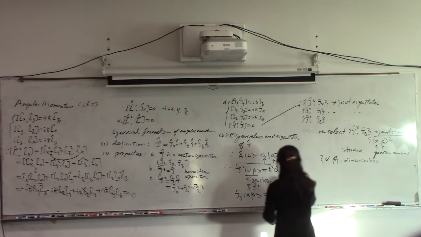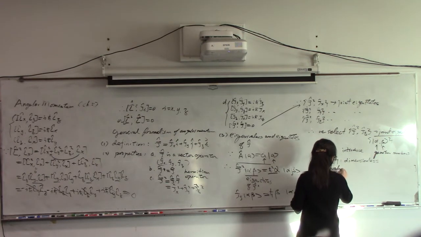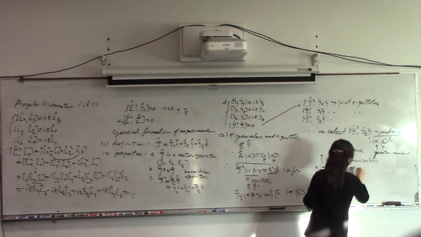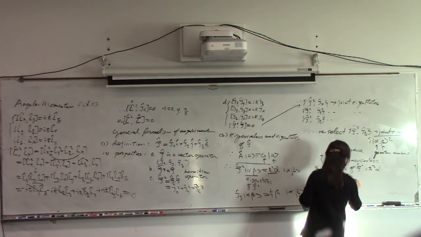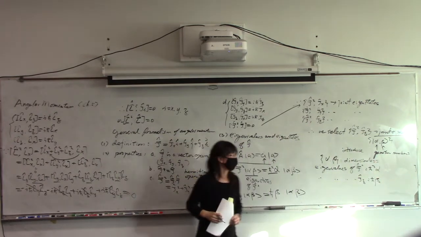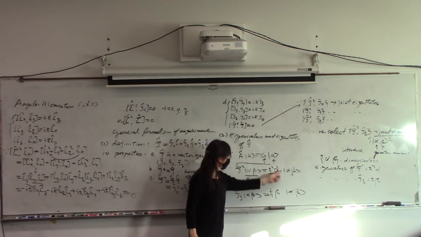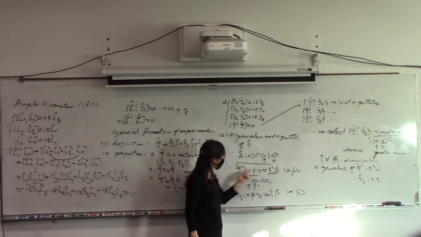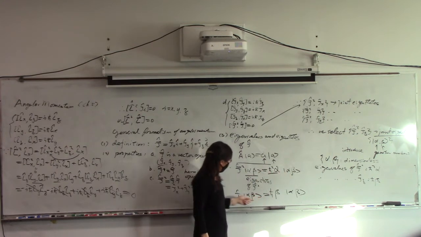So we use h bar squared alpha as the eigenvalue of J squared, and the ket alpha beta is the eigenstate corresponding to this one, where J_z has eigenvalue h bar beta.